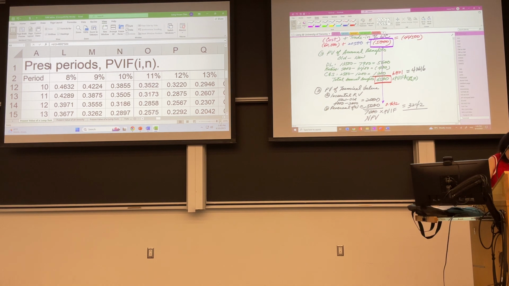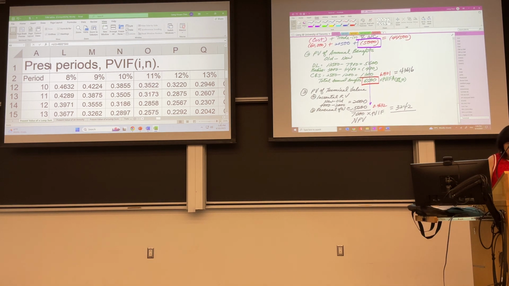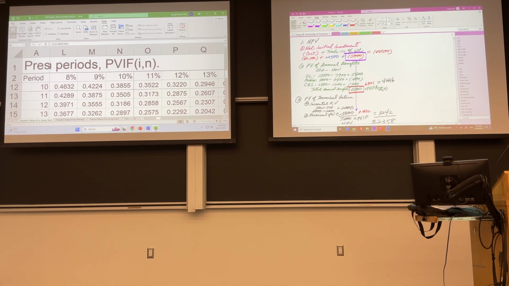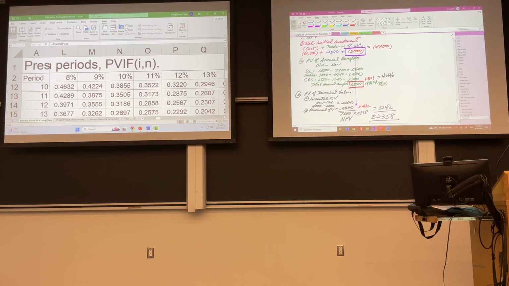You add the 3 things together, this is 2358. If you need to take a picture, take a picture, okay? So this is the net present value. Because it's a positive, we should invest in it.